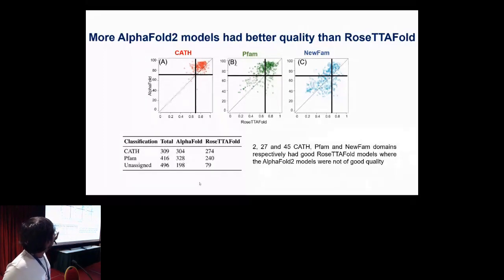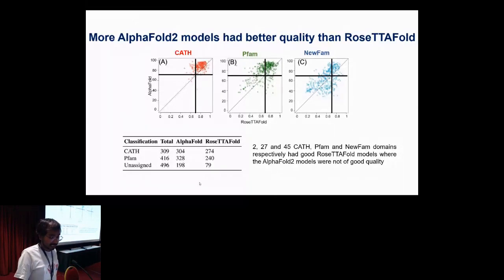However, if you look at the plot, you will see that there were certain domains where RoseTTAFold models were of good quality, where the AlphaFold models were not. So using RoseTTAFold not only gave us additional confidence in the models, it also gave us other models where AlphaFold model quality was not good enough to be used in our analysis.